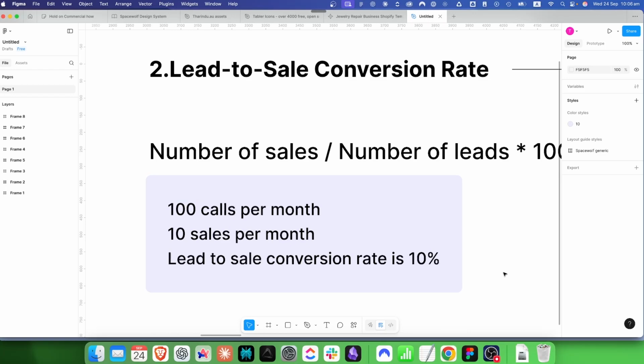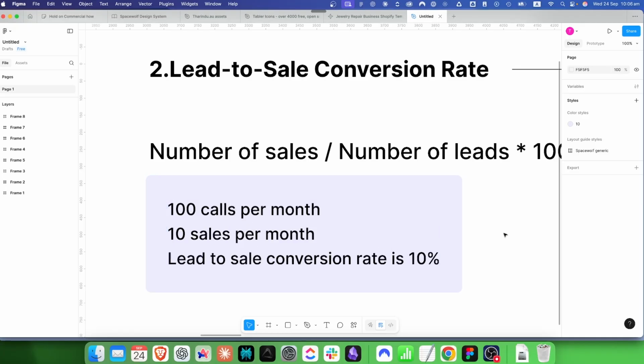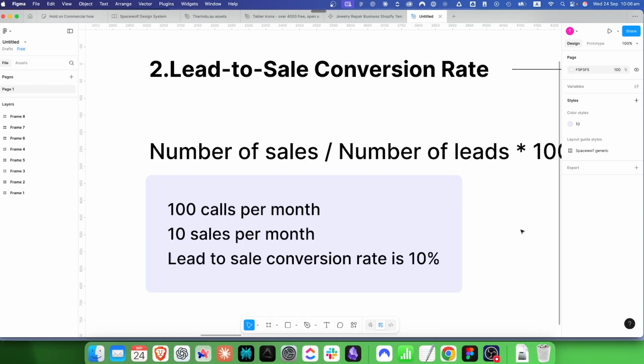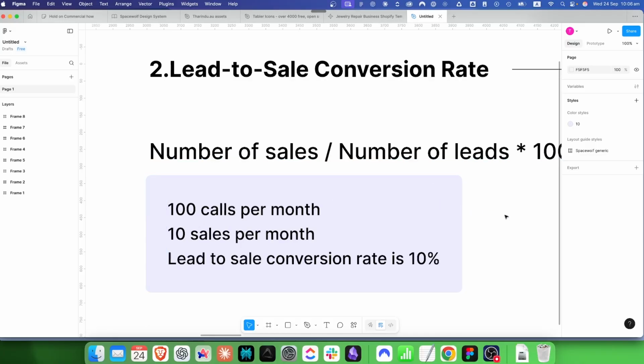You don't have a marketing problem. You have a sales problem because you are getting the leads, but you can't convert them to actual sales. So either your value proposition, what you're trying to sell, is not connecting with the audience or the customers coming through, or your price might not be working. So you need to think about what's happening if you're doing sales.